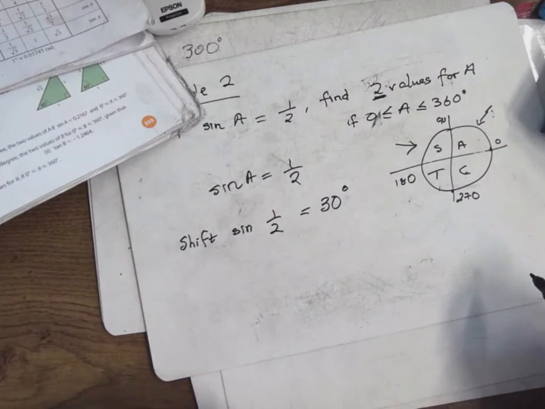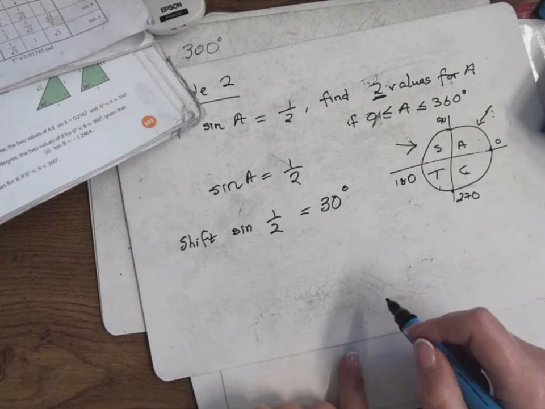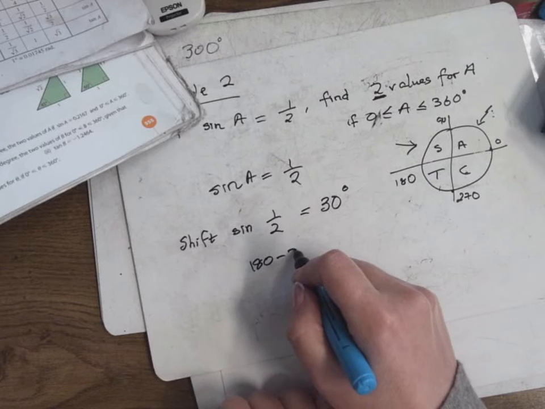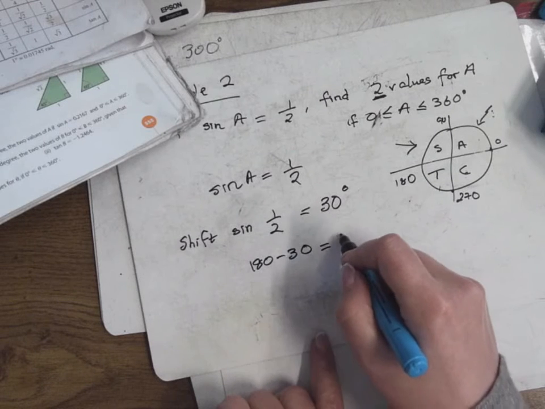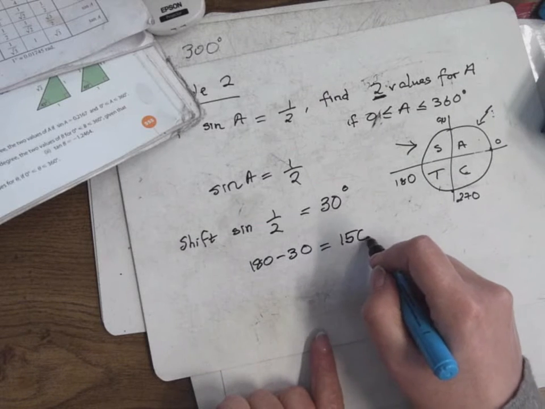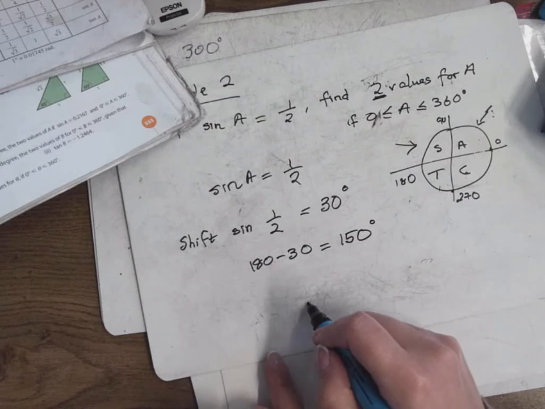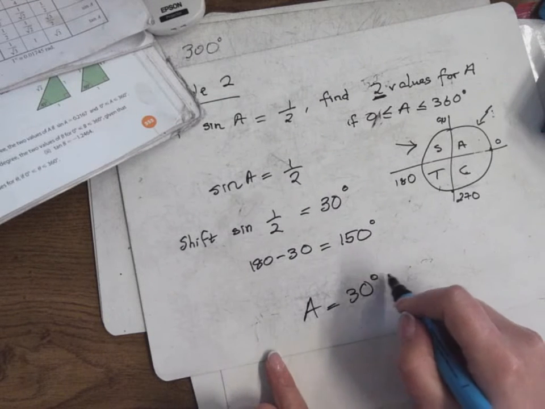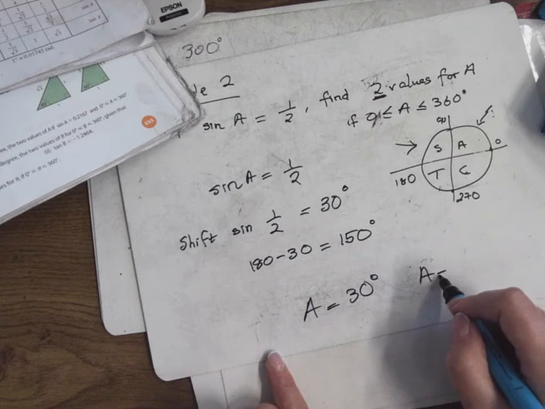So what will I do? Will I add it to 180 or subtract it from 180? Subtract. So 180 take away 30 will give me 150. There's my two answers. So A can be 30 or A can be 150.